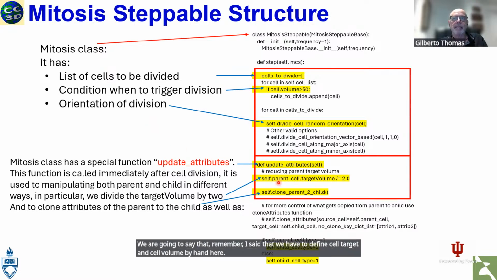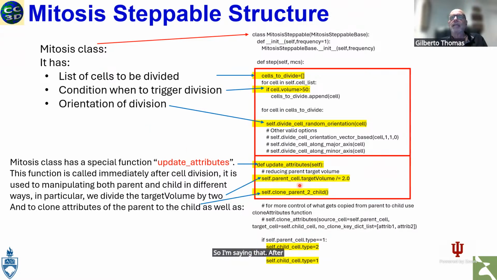So I'm saying that after division, the target volume of the parent cell, which is the cell that was divided, has half of the volume it had when dividing. So it comes back to 25 here in our case.